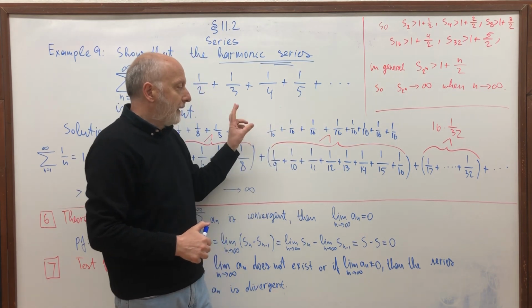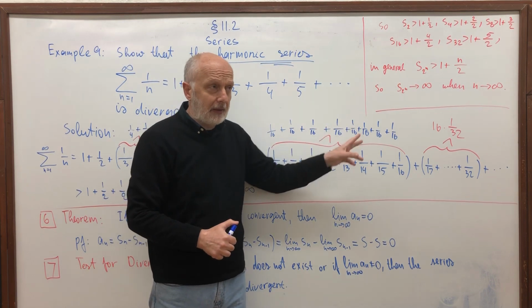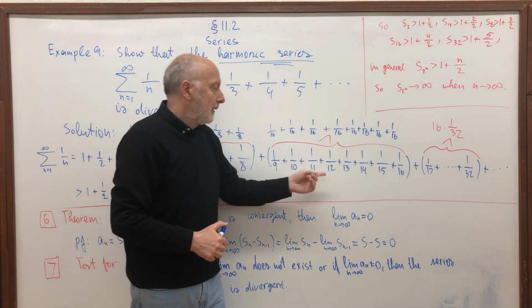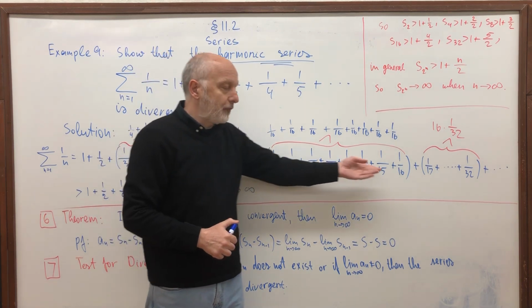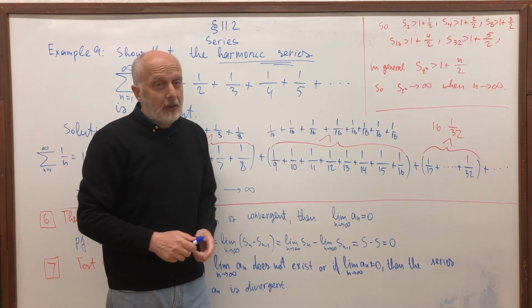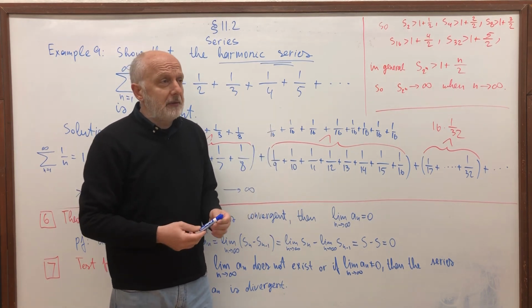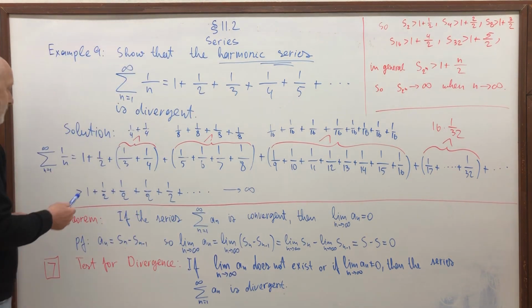I'm going to have 8 times 1 over 16, which is going to be 1 half. And we see the sum from 1 over 9 up to 1 over 16 is strictly more than 1 half, and so on.